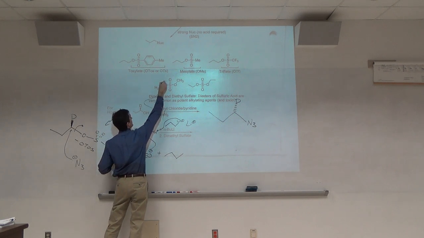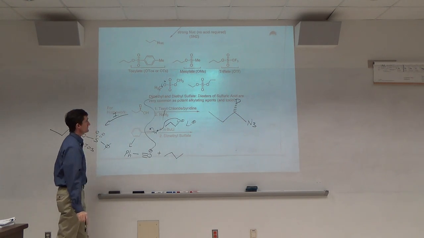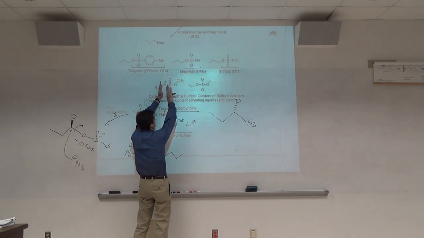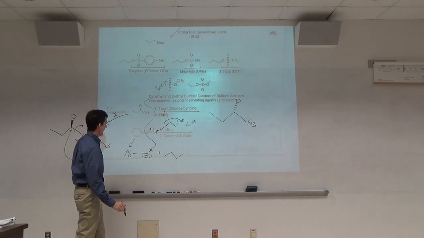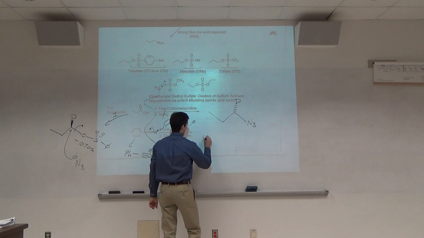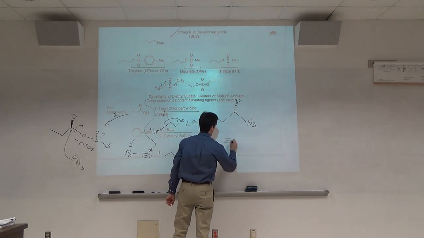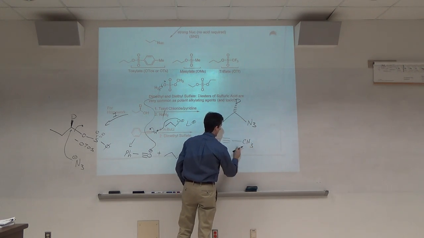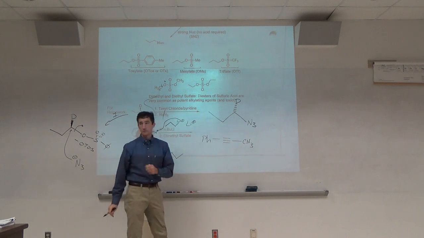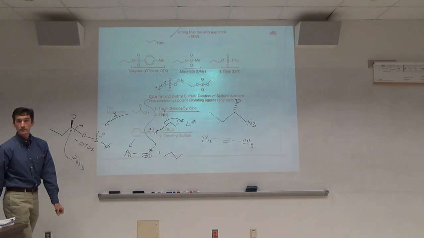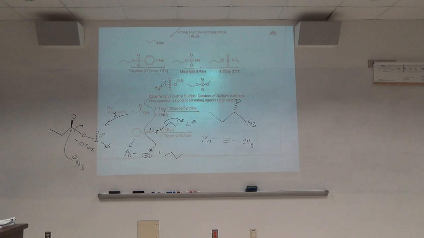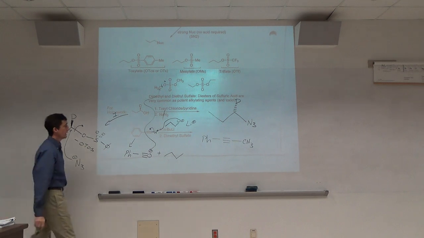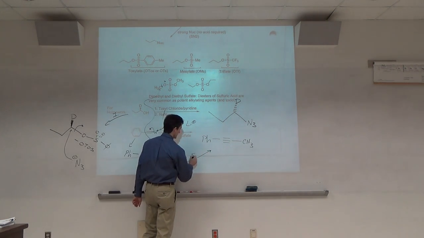Attack that carbon, kick off that oxygen. That looks a lot like an O-tosyl. And what do we get? That carbon is now bonded to a methyl, supplied by dimethyl sulfate. Just a good old SN2, yeah?